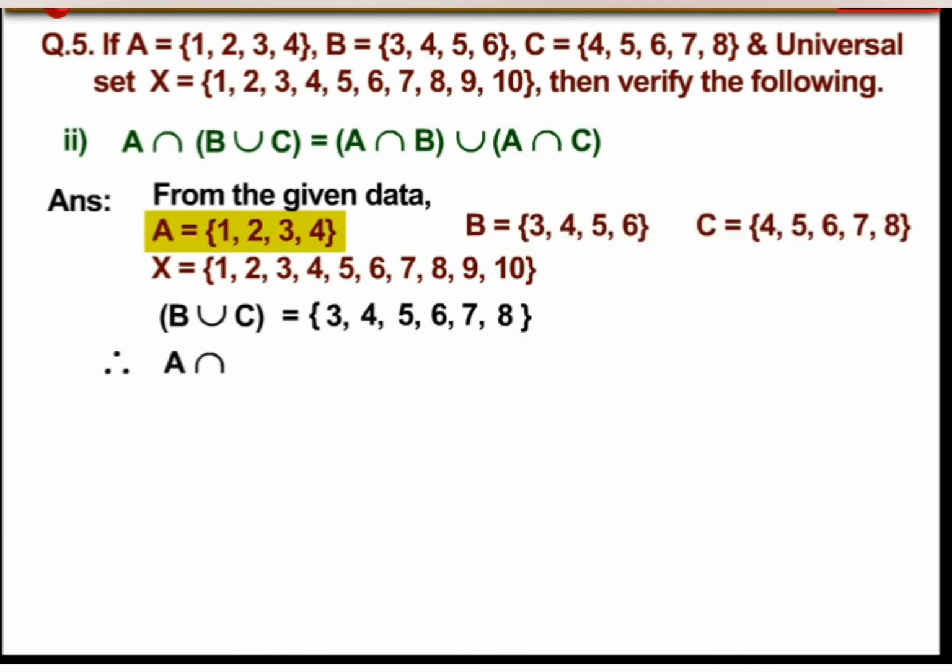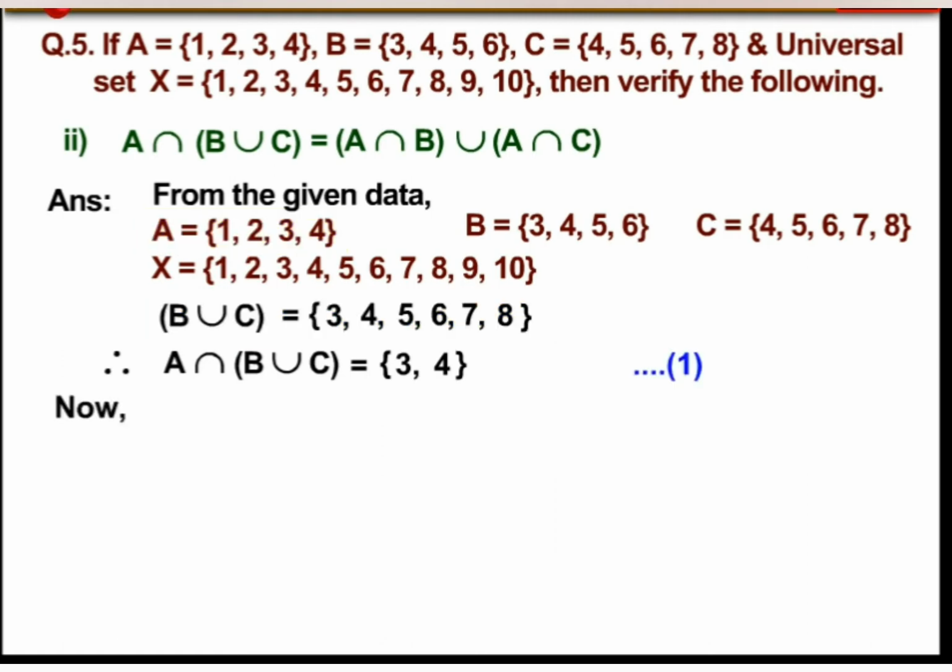Therefore, A ∩ (B ∪ C) is equal to {3, 4}. That is, the elements common to A and B ∪ C. Let this be equation number 1.